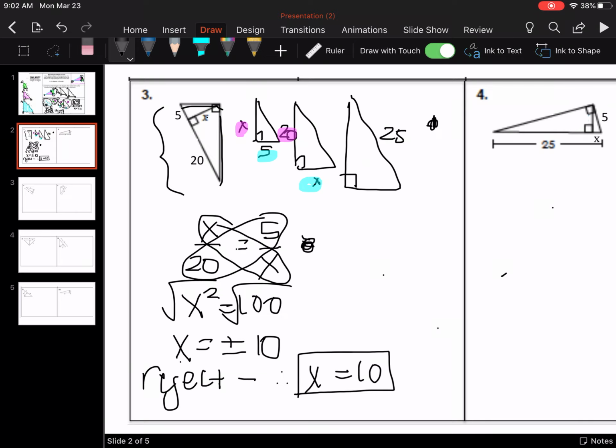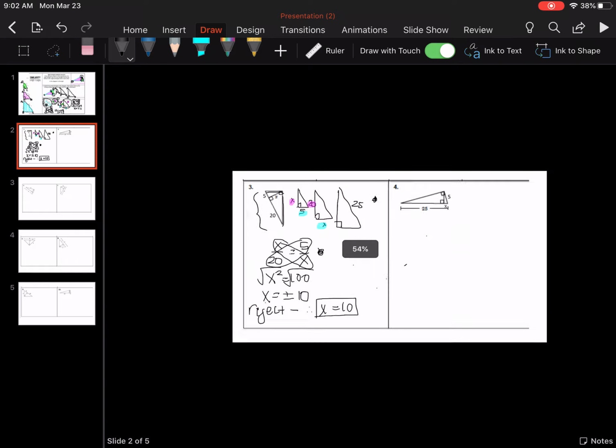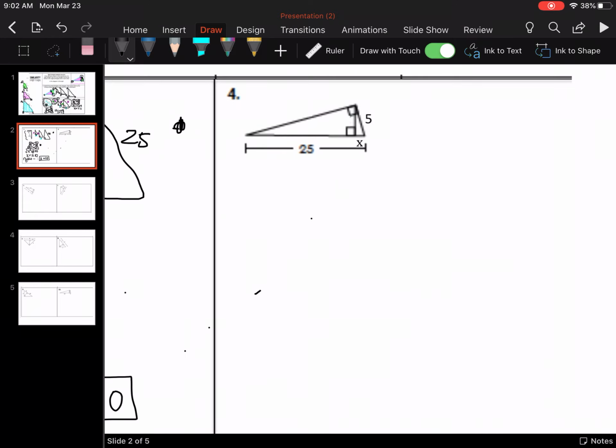Okay, number 4. Little triangle. It's really teeny over here. I'm going to erase that. That's really sloppy. Little. That's even sloppier, but oh well. Bottom of it is x. Hypotenuse is 5. Now we know it's the hypotenuse because it's across from the right angle here.